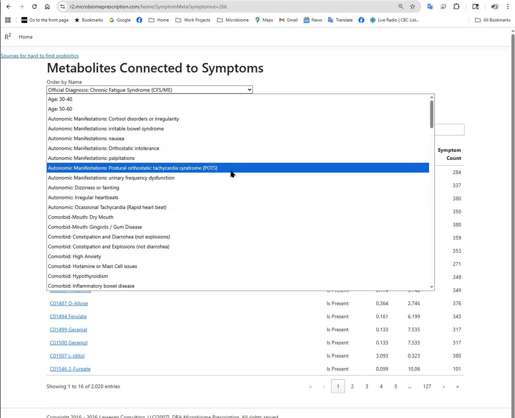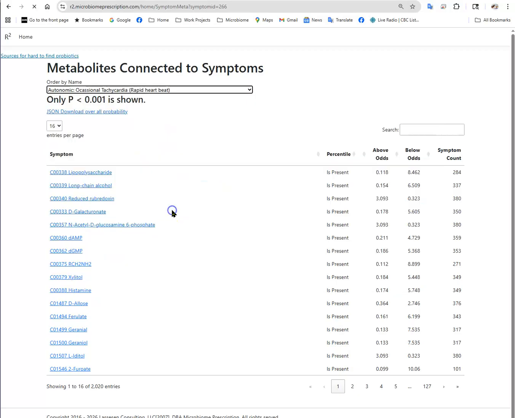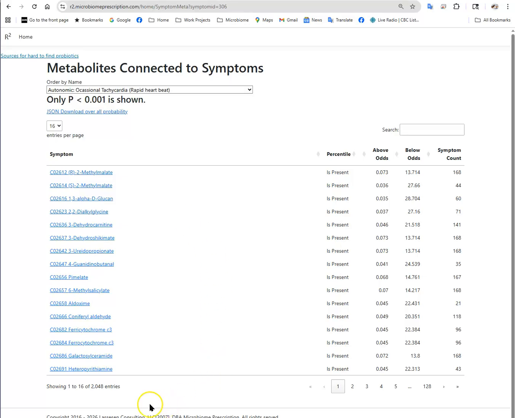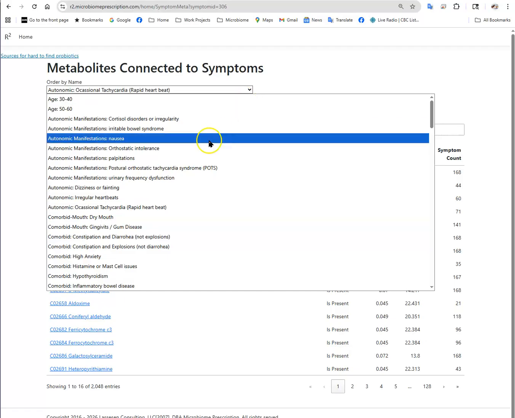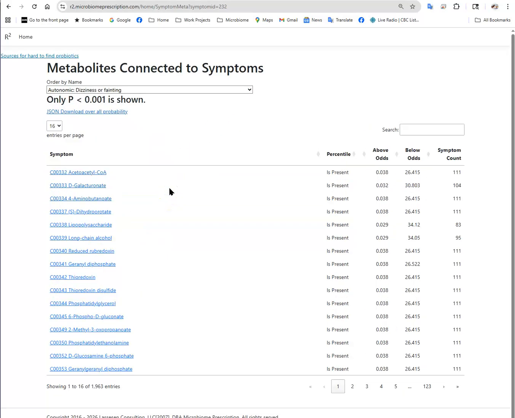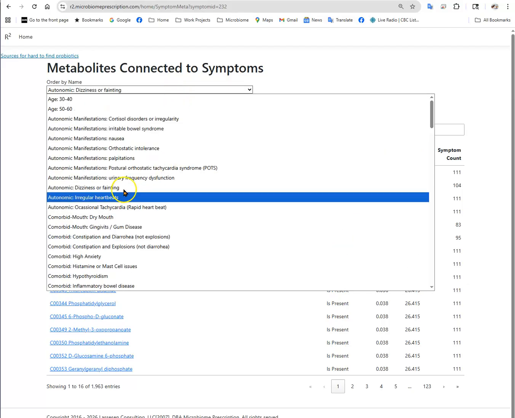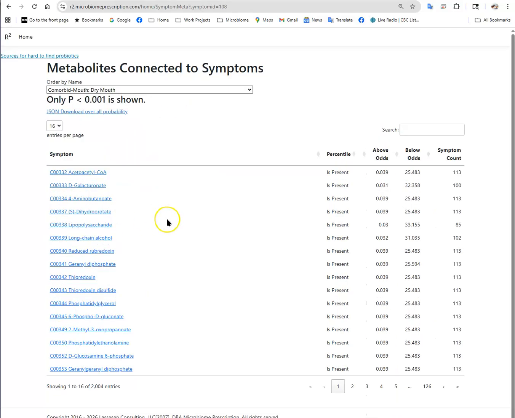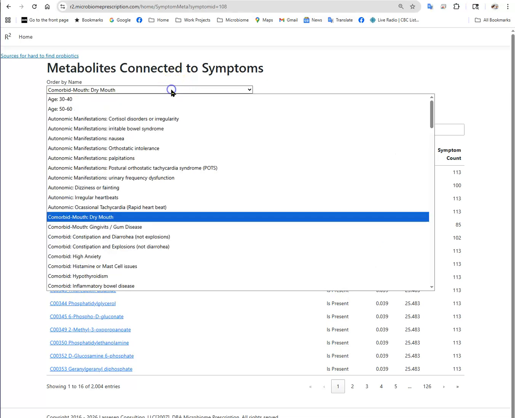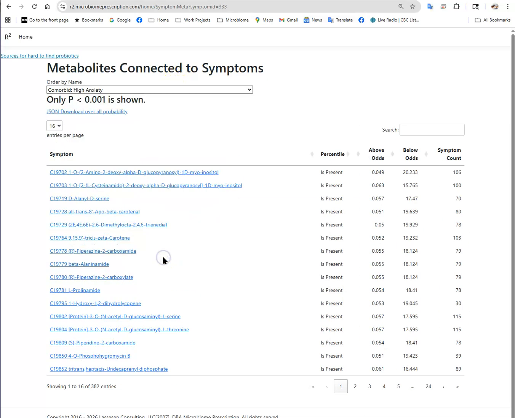So look for whatever you're interested in, and you can go and see how many. In some cases it's just about anything. In other cases we have less. In some cases it's only 100 or 200 items, like dry mouth, I think was one of these. No, it wasn't. High anxiety.